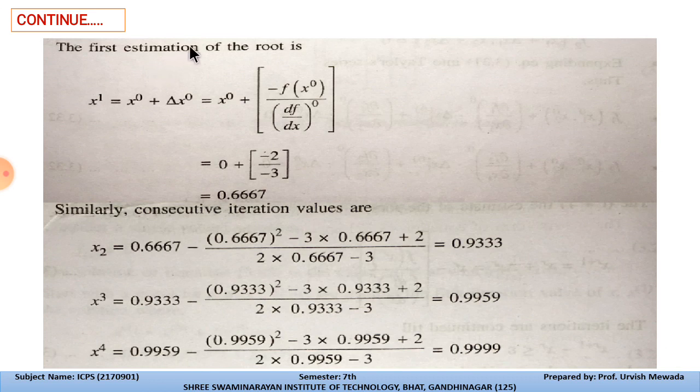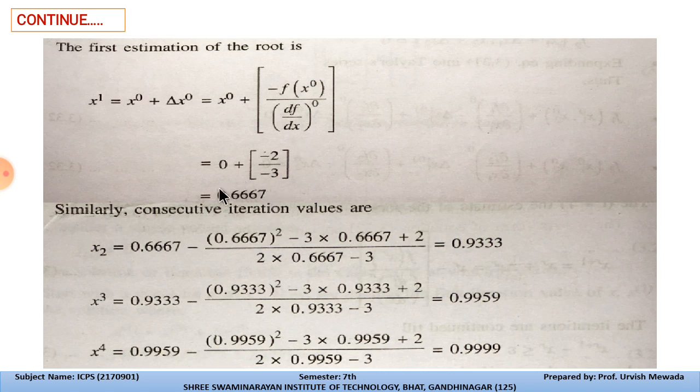Now for the first estimation, we take the equation from the previous theory: x raised to 1 is equal to x raised to 0 plus delta x raised to 0, so x raised to 0 minus function f of x raised to 0 over df by dx raised to 0. The value we determined for minus f of x raised to 0 is minus 2, and df by dx raised to 0 is minus 3.